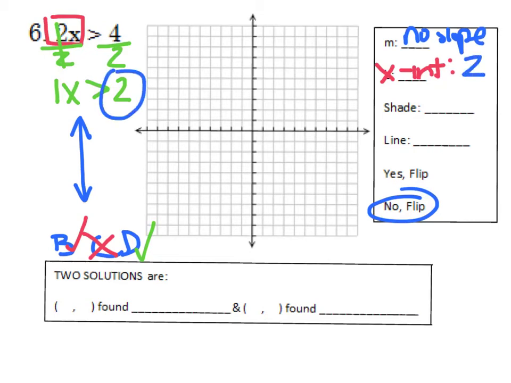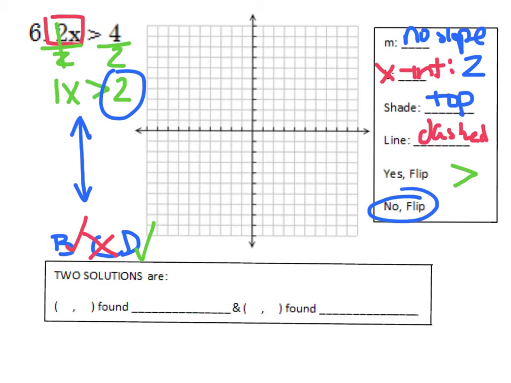Now, let's look at the inequality sign, which is greater than. Okay, greater we know is on top. The line here, there's no line underneath it, so therefore we know that the line is going to be dashed. Okay, no line underneath, we're dashed line.